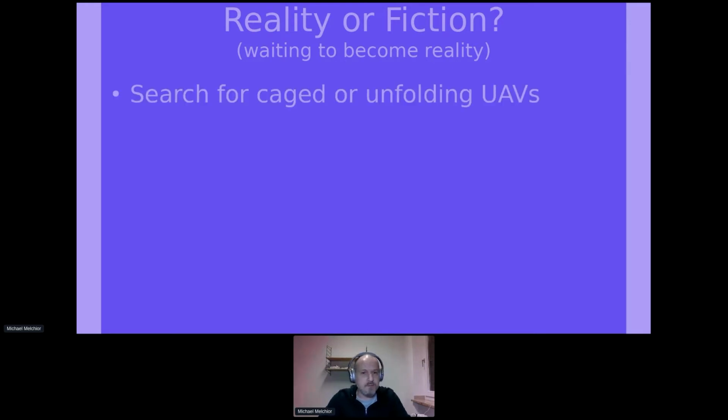And I did some research for a caged drone, a drone that would be unfolding, or anything similar, and I wasn't able to find anything. So it probably was fiction, and I decided I have to build it. I have at least to try if it is a concept that could be working. And since I'm a computer scientist, before I touch any hardware, I do simulations.